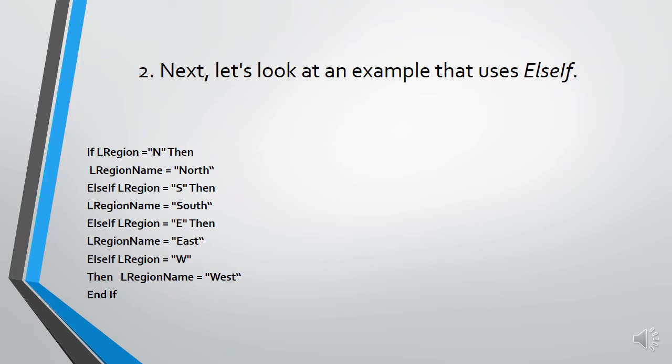That Then statement caters for the last condition to be tested. We could disregard the ElseIf region is equal to W because we have tested for all the other regions and that is the last one. We could disregard that last ElseIf and then just have the last statement as is. It's optional.